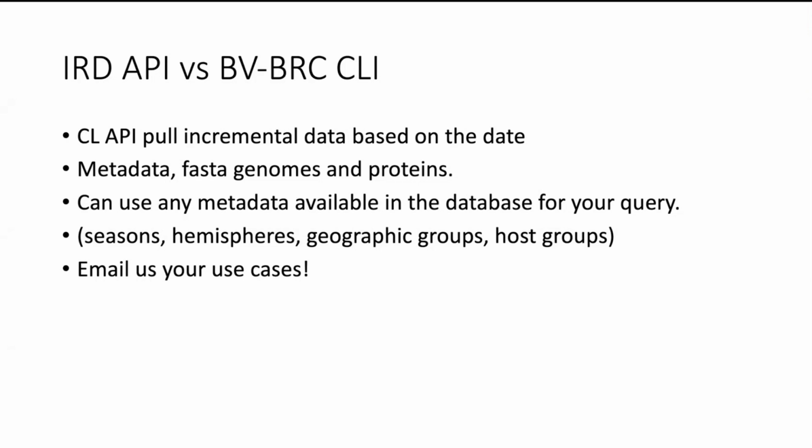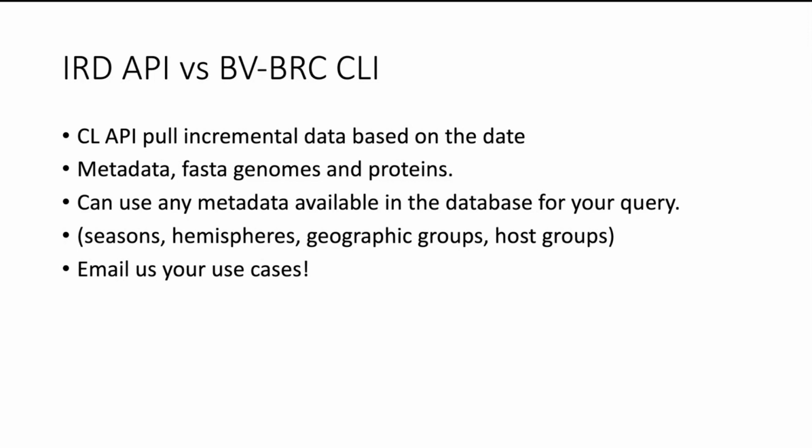And then finally, for the big data users, comparing the IRD API versus the BV-BRC, you have two different options for large data access through the BV-BRC, and that's through either the API or the command line interface.